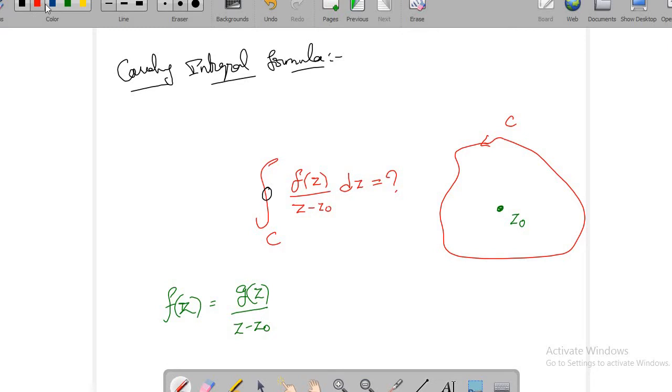We can clearly see that this entire function has a problem at z equal to z0. Why? Because at z equal to z0 it is not analytic.